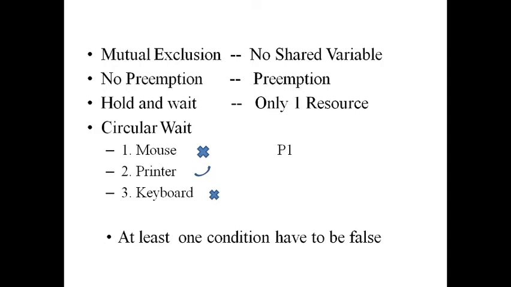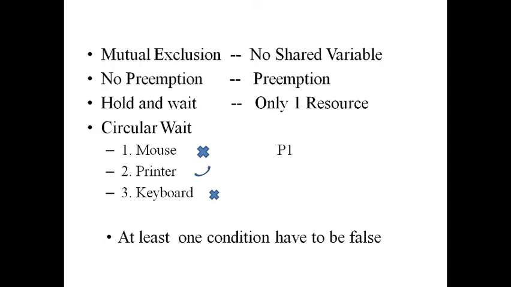Here, in order to make it false, there should be no shared variable. If no shared variable is there, then any process can get into the critical section and use the shared variable. How does it prevent deadlock? If one process is in the critical section and another process wants to enter and does so, then deadlock occurs.